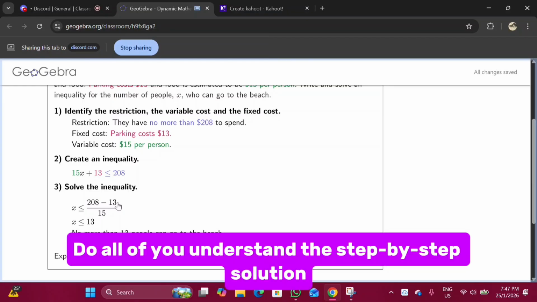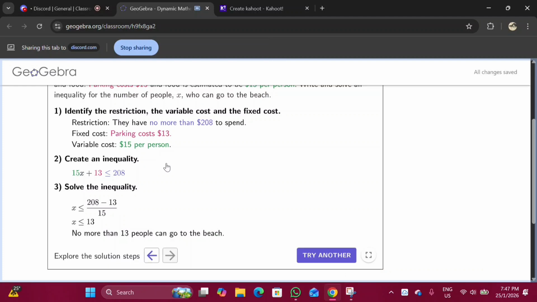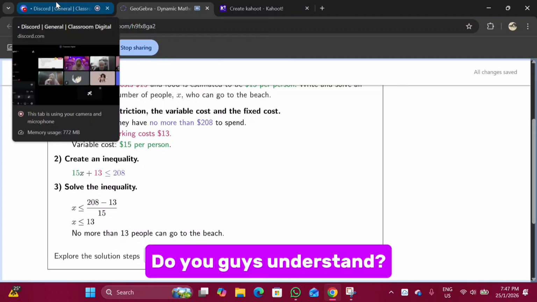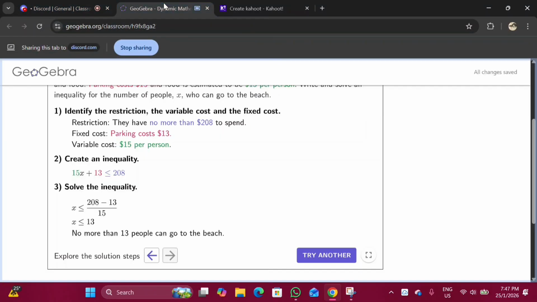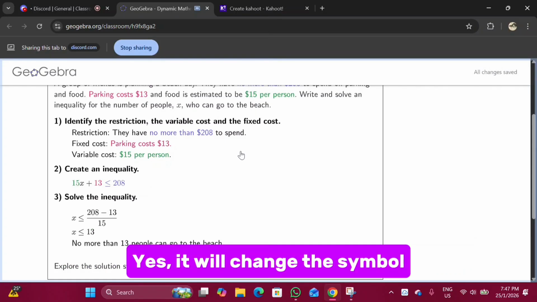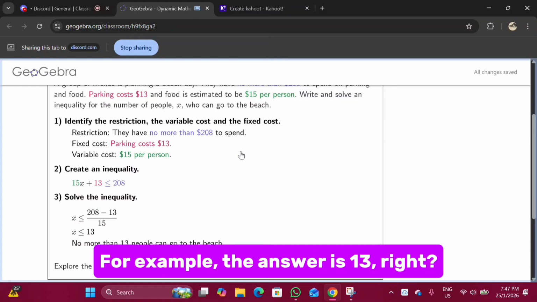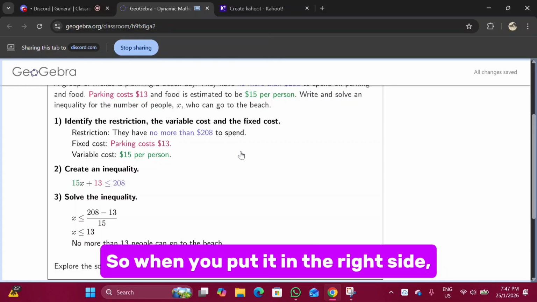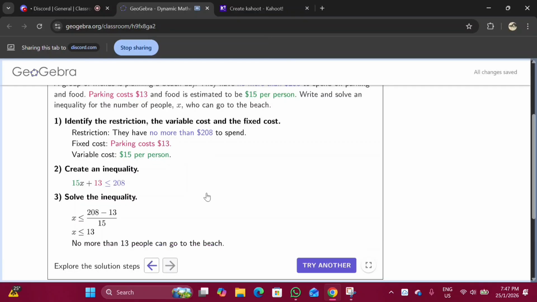Do all of you understand the step-by-step solution or working process? If there is any confusion, just ask, okay? Do you guys understand? Teacher, once you bring the number to the other side, it will change the symbol, right? For example, the plus 13, when you put it on the right side, it will be minus 13.